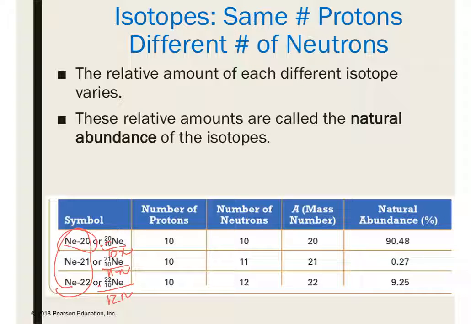So neon 20 with 10 neutrons is much more abundant in our world than the other isotopes. And so any place in our world that you would gather a sample of neon, if you were to analyze it, each sample you gathered, regardless of where you got it, would have this breakdown of isotope percentages.